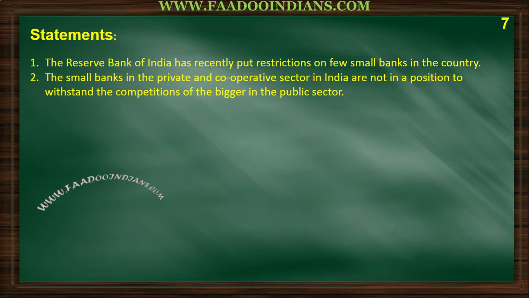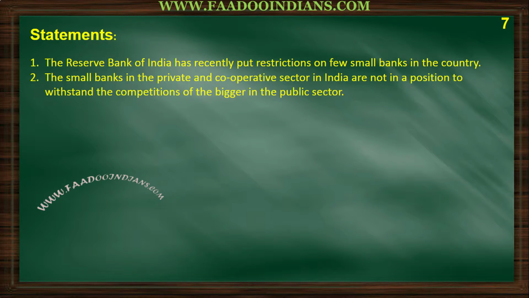Seventh: the Reserve Bank of India has recently put restrictions on a few small banks in the country. The small banks in the private and cooperative sector in India are not in a position to withstand the competition of the bigger banks in the public sector. Well, the second is the cause of the first.